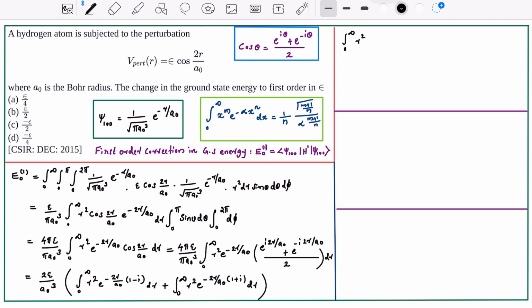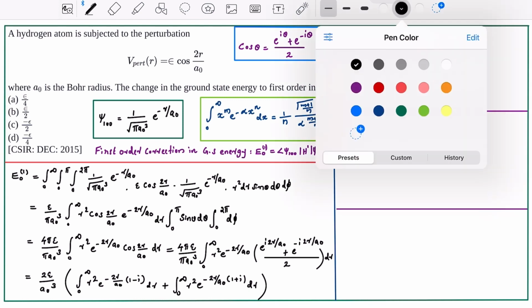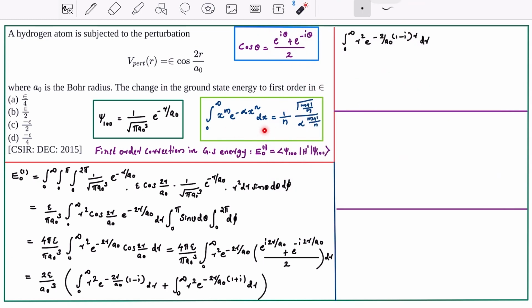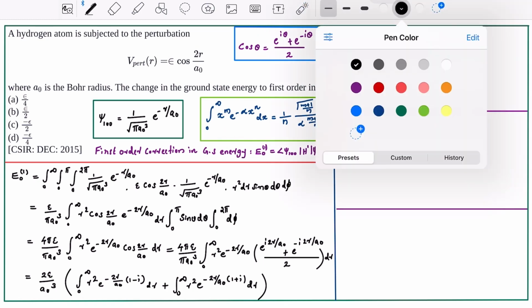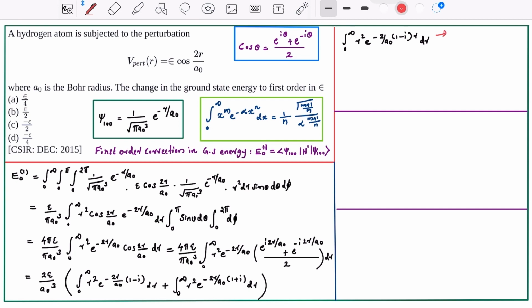First let us evaluate the first integral, integral 0 to infinity R squared e raised to minus 2 by A0 (1 minus i) R. This is in the standard form, integral 0 to infinity x raised to m e raised to minus alpha x raised to n dx. So here the value of m is equal to 2, n is equal to 1 and alpha is equal to 2 by A0 (1 minus i).